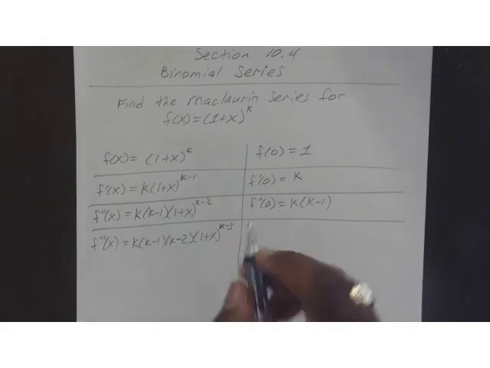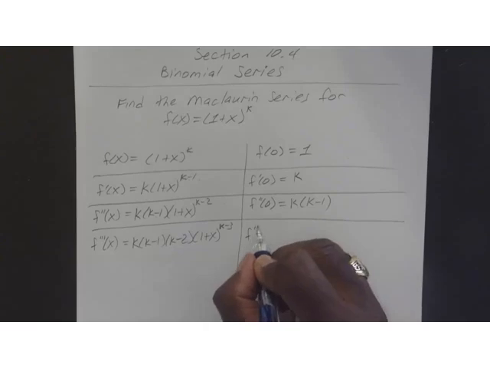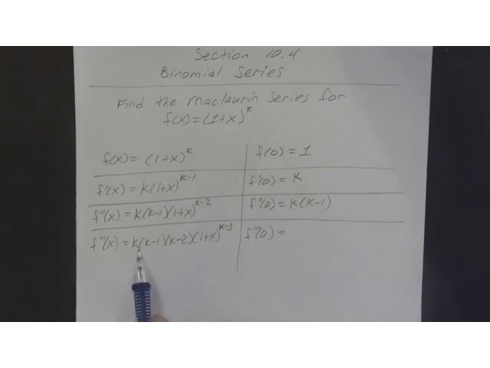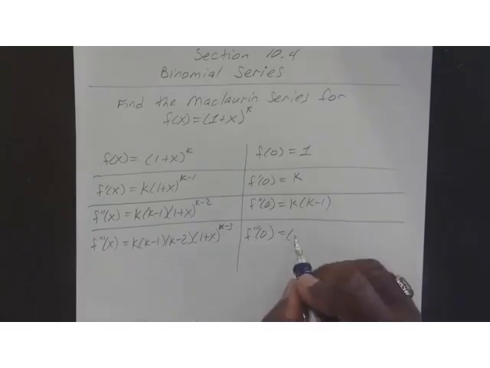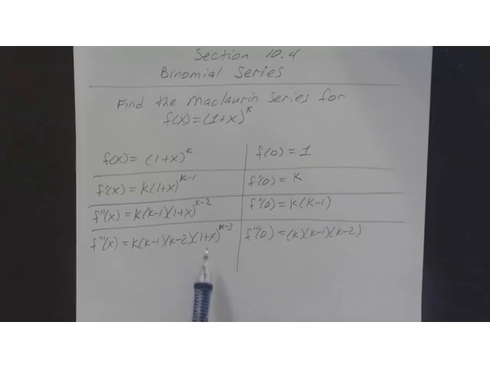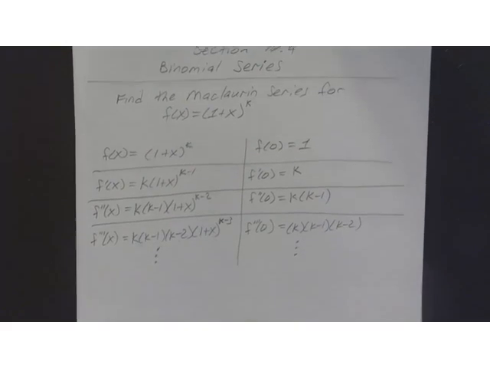So our third derivative at 0 is just k times k minus 1 times k minus 2 times 1 plus 0, which is 1, and 1 to any power is just going to be 1. So you can kind of see the pattern. It keeps on going in that pattern.